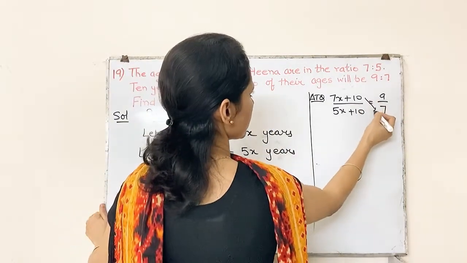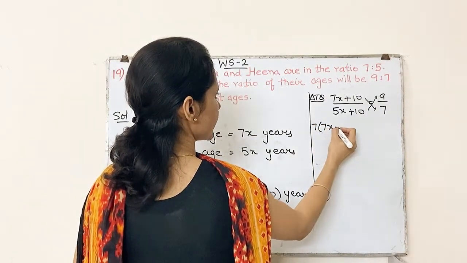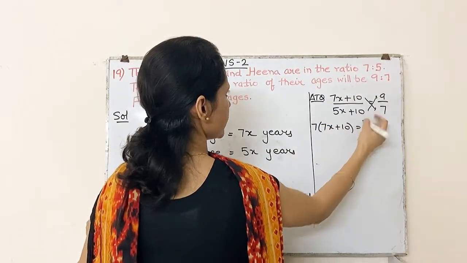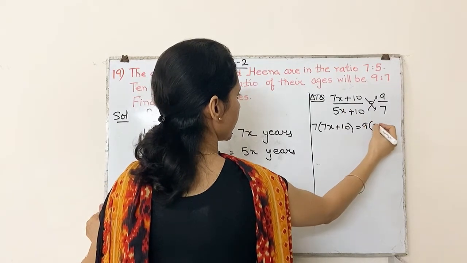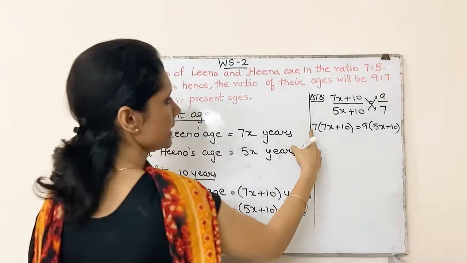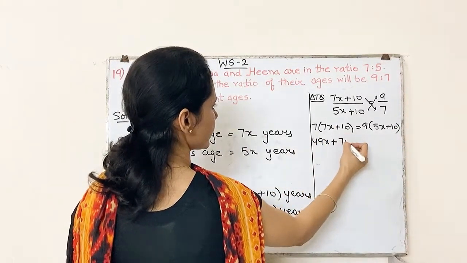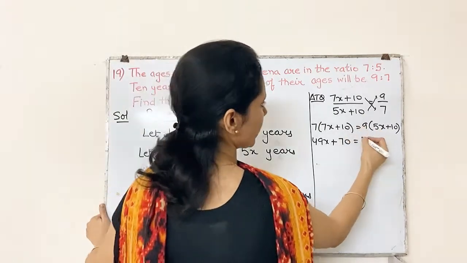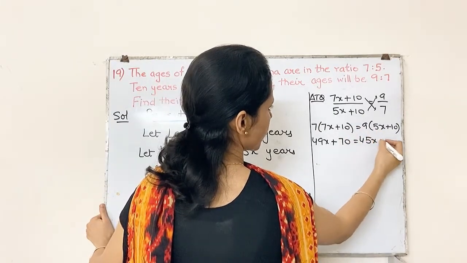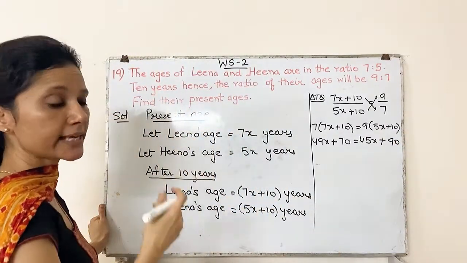Let's solve it. We'll cross multiply. So 7 multiplied by (7x plus 10) is equal to 9 multiplied by (5x plus 10). Let's open the bracket. 7 sevens are 49x plus 7 tens are 70 is equal to 9 fives are 45x plus 9 tens are 90. Now let's bring the terms having x together.